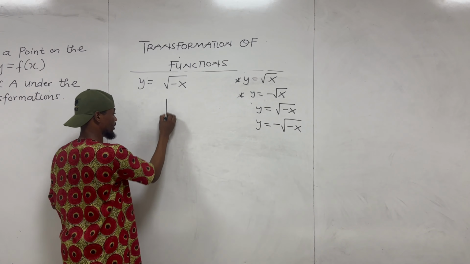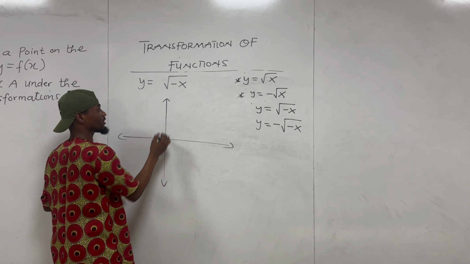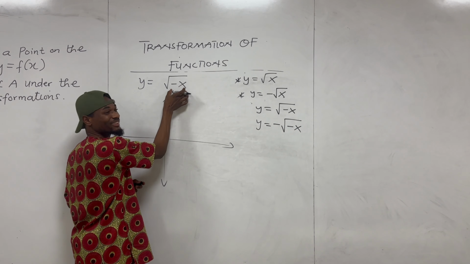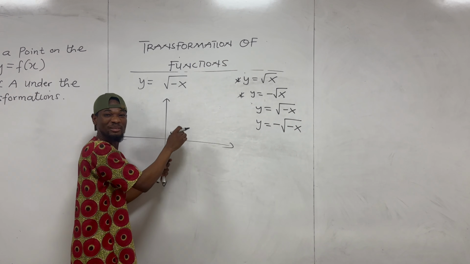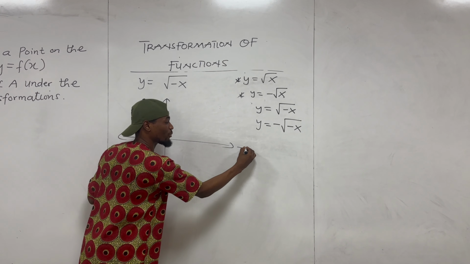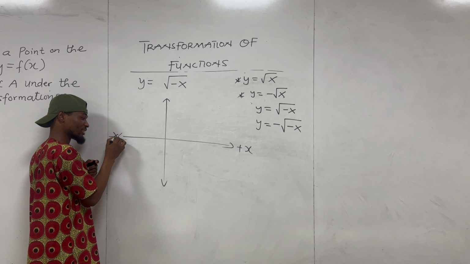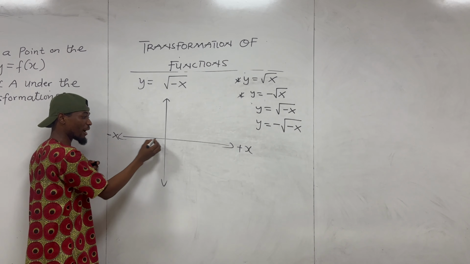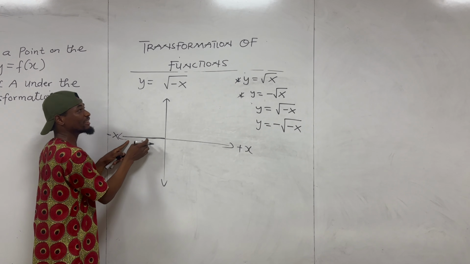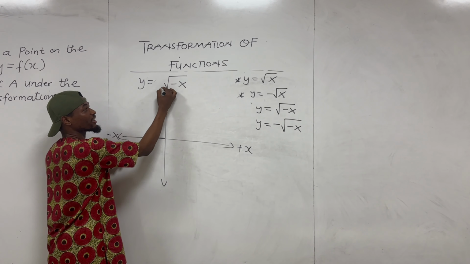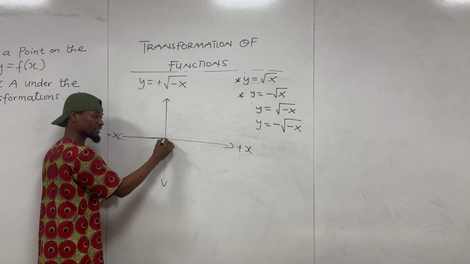So I'll draw my xy plane this way. What do I do next? The radicand is the negative x. So this is my positive x and this is my negative x, so I'm going to work here. Then the sign over here is positive, so positive y.